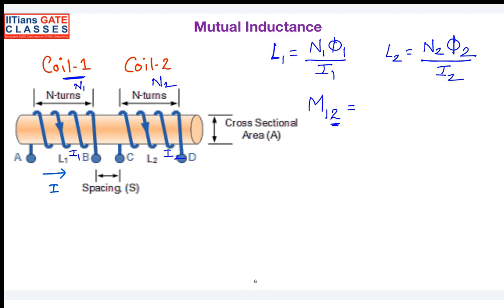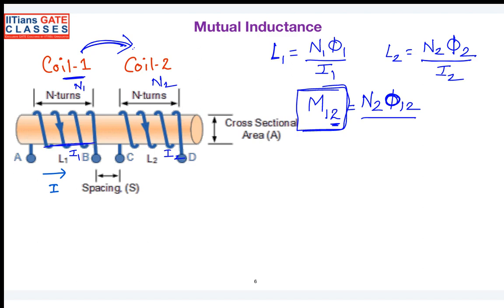So how to define M12? M12 is the mutual inductance because of the flux linkage from coil 1 to coil 2. Ultimately the destination is coil 2. So M12 can be defined as the number of windings in the second coil into the flux linkage from 1 to 2, divided by the current, because this flux linkage from 1 to 2 is happening because of the current flowing through coil 1.